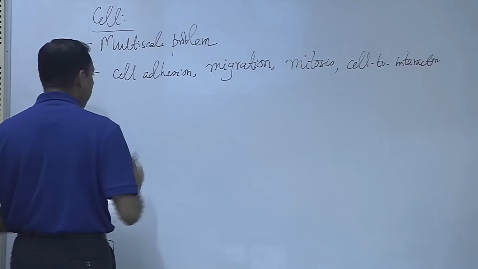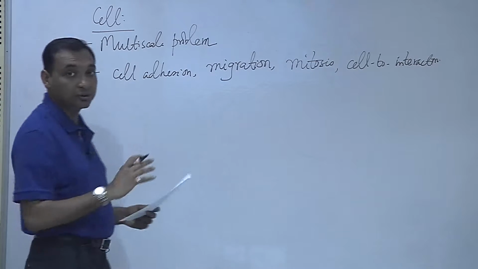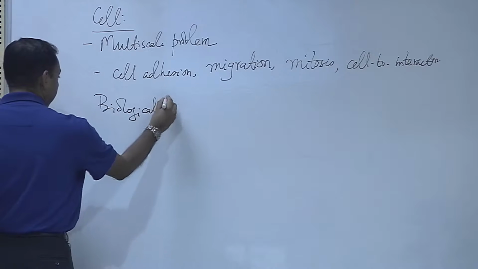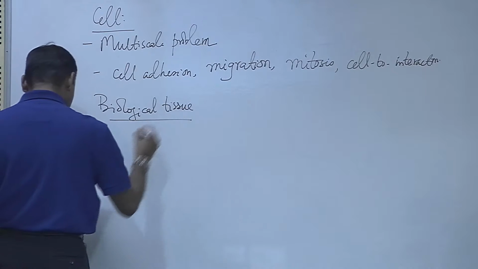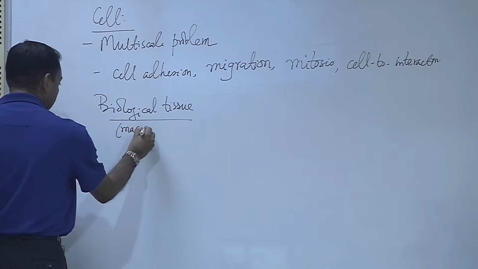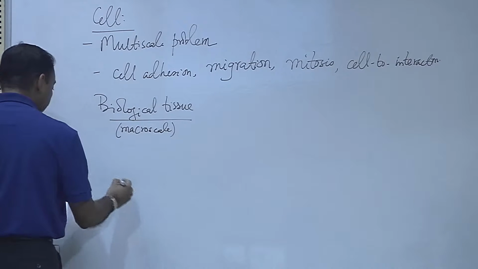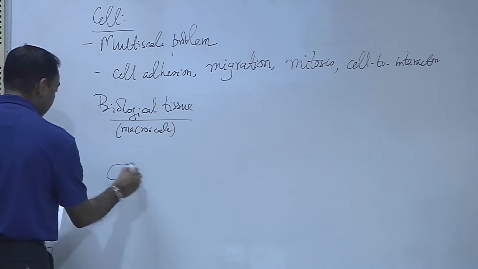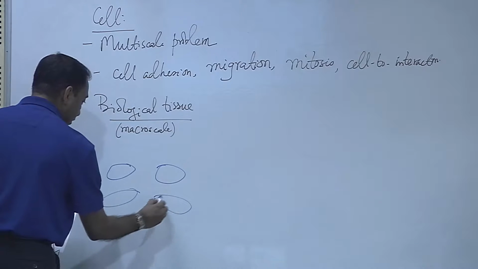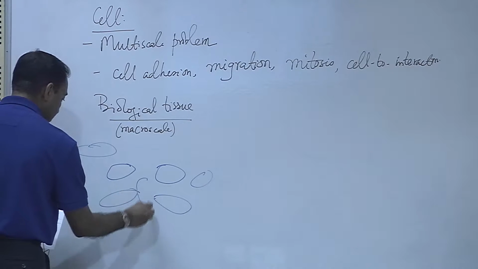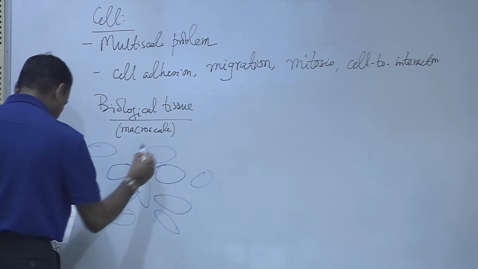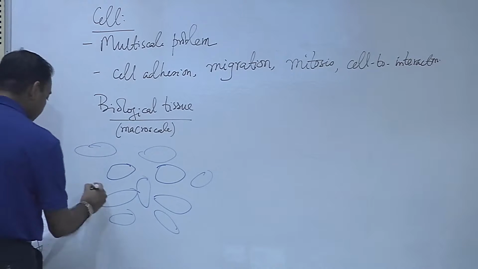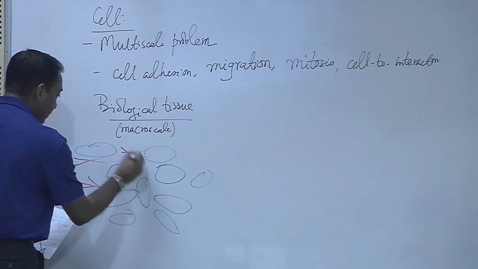If I look at a biological tissue, this is generic, nothing to do with E. coli, any kind of biological tissue, what you will see, this is more in the macroscale, is all the various cells hanging within a collagen fiber network. There will be a lot of fibers around which are binding them.